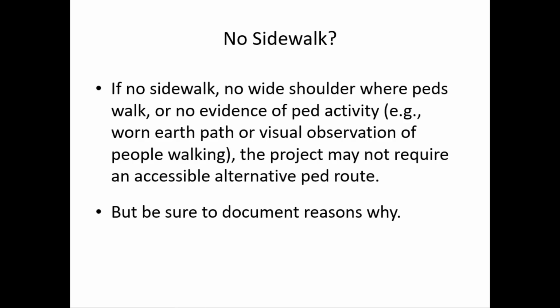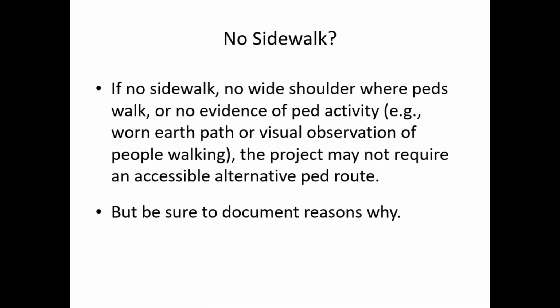My advice is, if there's no sidewalk, no wide shoulder where pedestrians walk, or no evidence of pedestrian activity, like I think we've all seen the goat paths worn in the grass along the shoulder of a road, or no visual observation of people walking, the project may not require an accessible alternative pedestrian route. But I would be sure to document that.